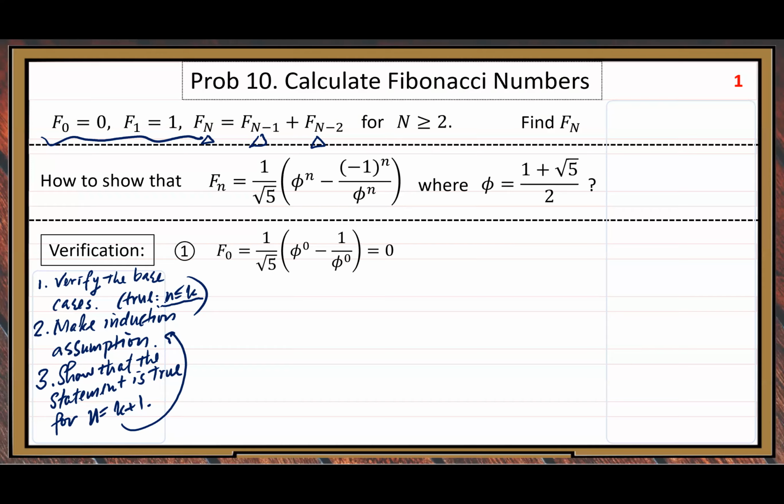That's the key step. This step 3 is the most important step. After you complete these 3 steps, you can say the whole statement is true for all non-negative integers n.